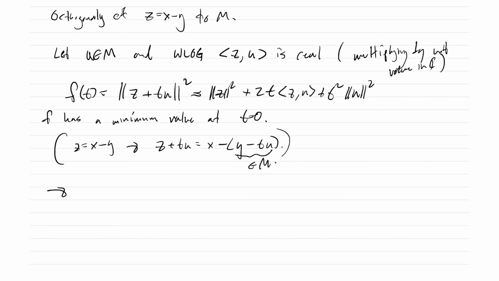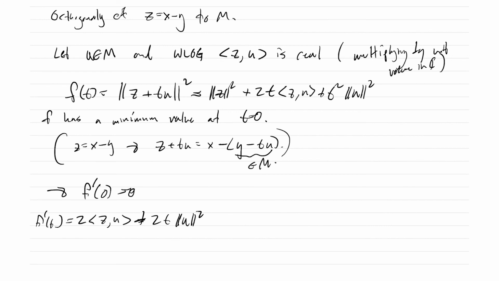So this implies that f prime of 0 is equal to 0, since it is a local extremum. And if I take the derivative, f prime of t is equal to 2 times z comma u plus 2t times the norm of u squared.